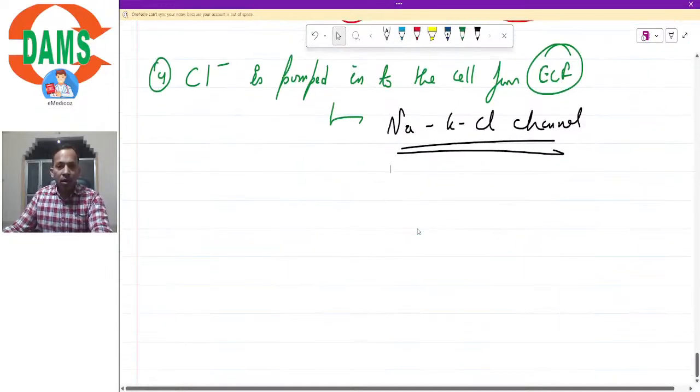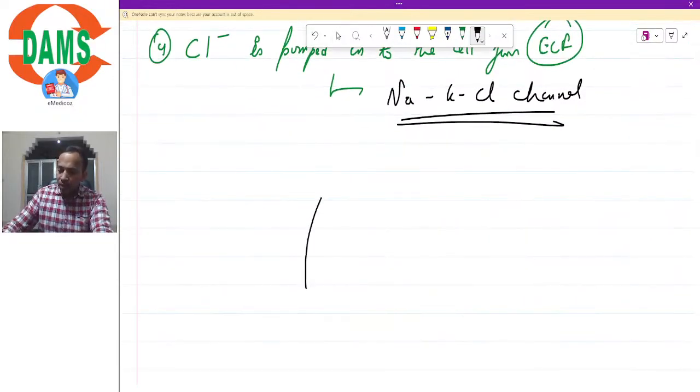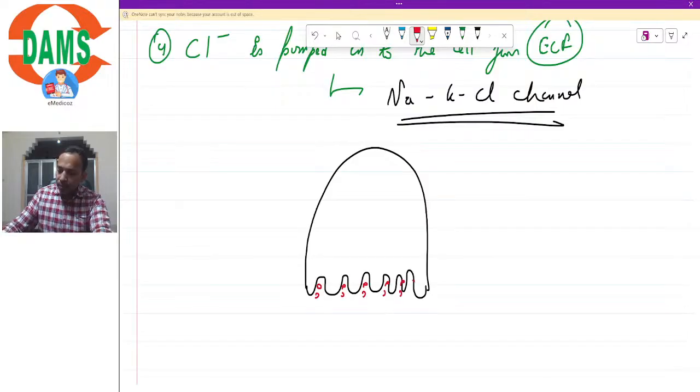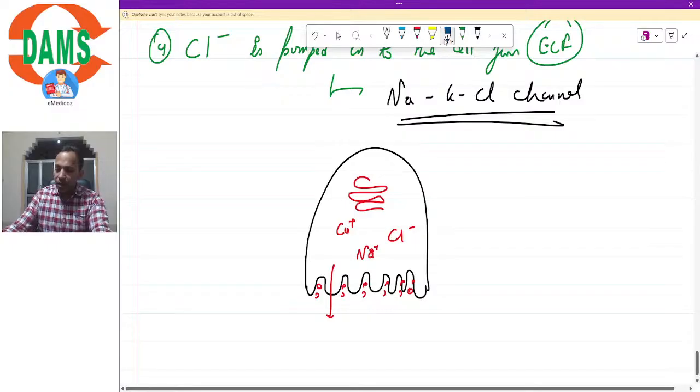So this has happened so far. After these steps, what has happened? These are the blood vessels. In the intracellular space, in the cytoplasm, we have calcium, we have chloride, and some sodium also came in, right? From here, potassium was pumped out, isn't it? And chloride was taken in.